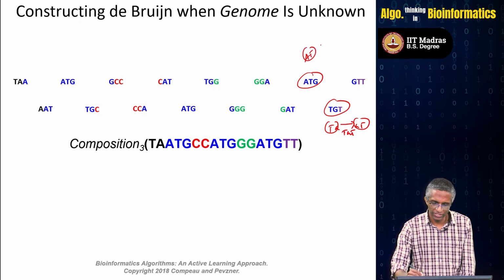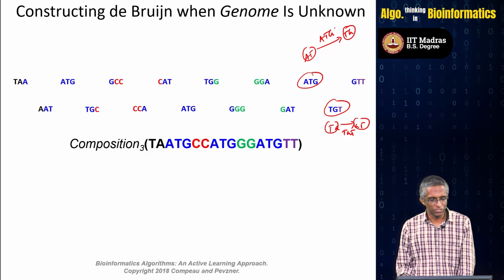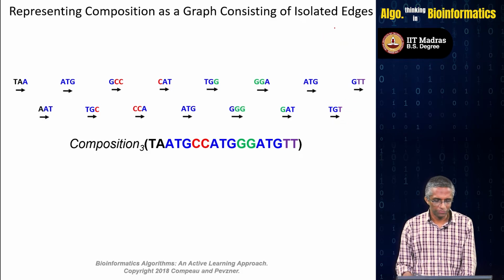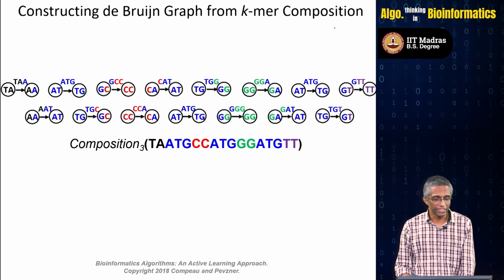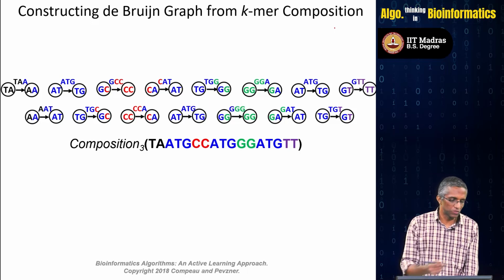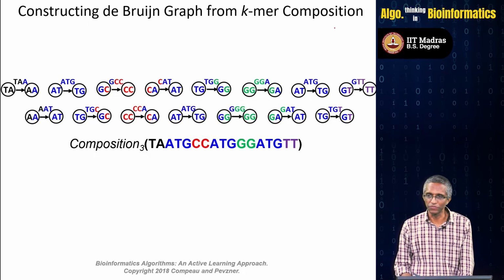Similarly, this one we will say AT and TG, and label this with ATG. So this is the composition that we are given. Each one of them is a read. You just label those reads as edges, and label the nodes as prefixes and suffixes.